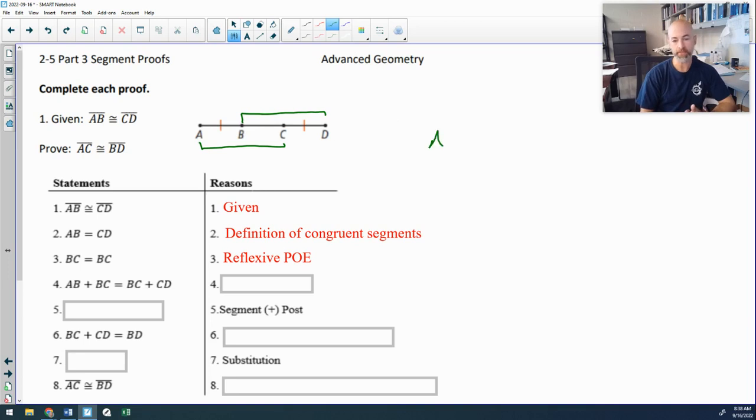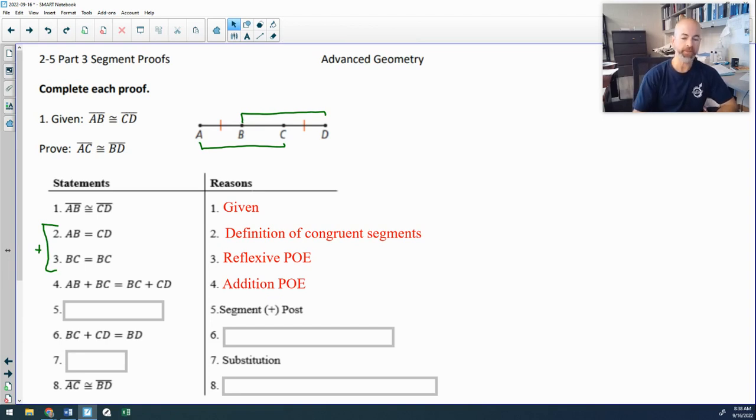AB plus BC in the world of segment addition postulate would equal AC, and that's not what's written. So what we've done to get this step is we've simply taken steps 2 and 3 and added those two together. AB plus BC is the same as CD plus BC, and that is your addition property of congruence, of equality, I mean.